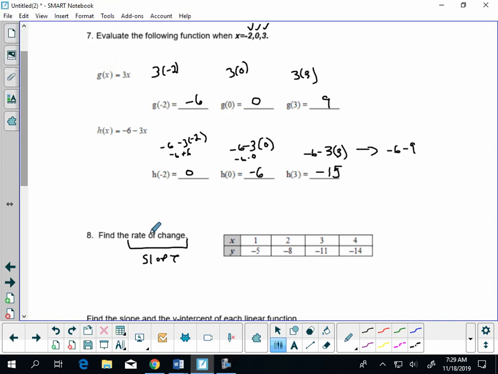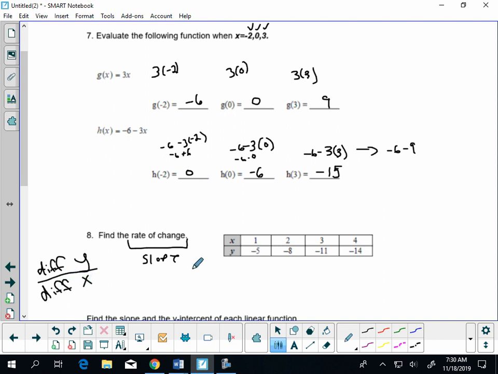All right, rate of change is the same thing as slope. So we want to find the difference of our y's over the difference of our x's.